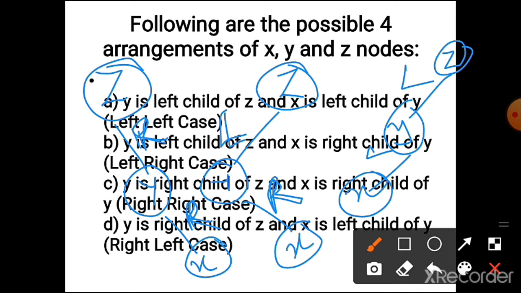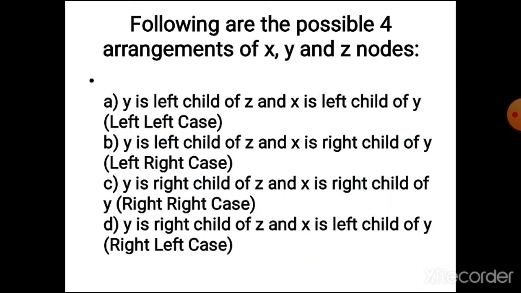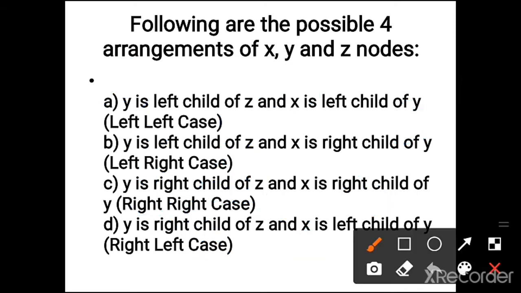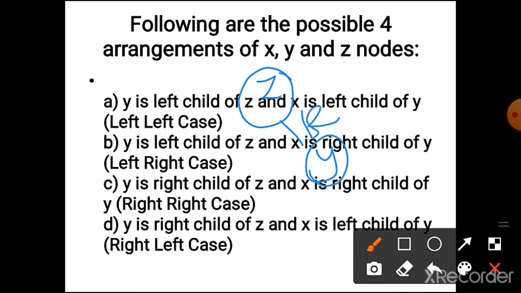Then the last case: Y is the right child of Z, and X is the left child of Y. So RL, that is the right left case. So these are the 4 cases.